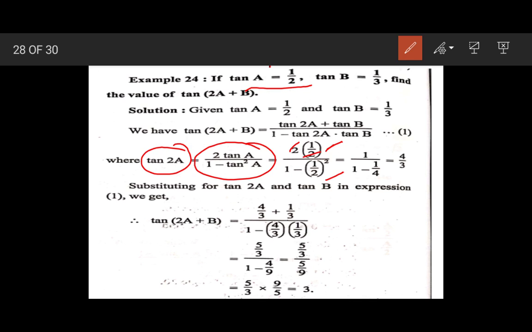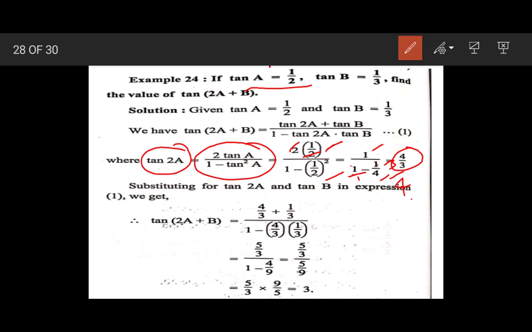The 2s cancel, so the numerator is 1 upon 1 minus 1 upon 4. In the denominator you can do the cross multiplication: 4 minus 1 is 3 upon 4. Then take this 3 upon 4 to the numerator, so it will be 4 upon 3.